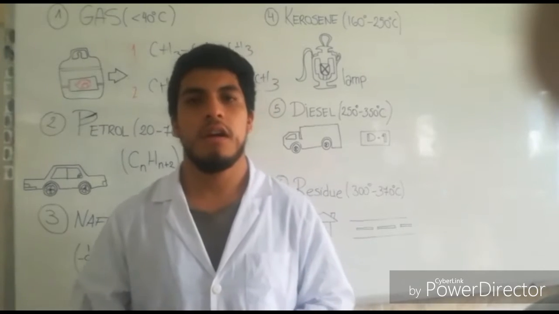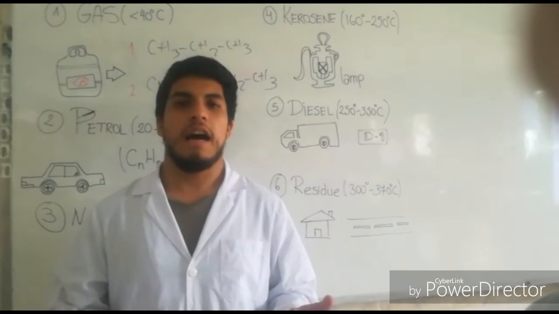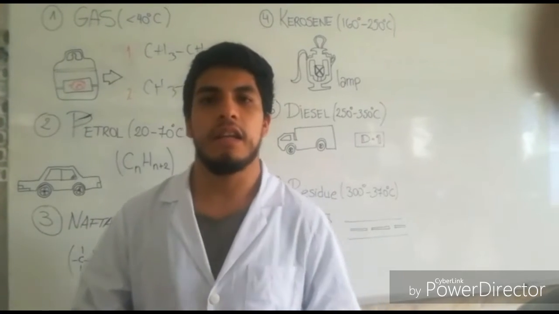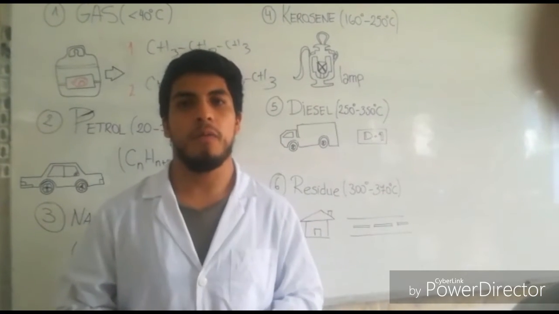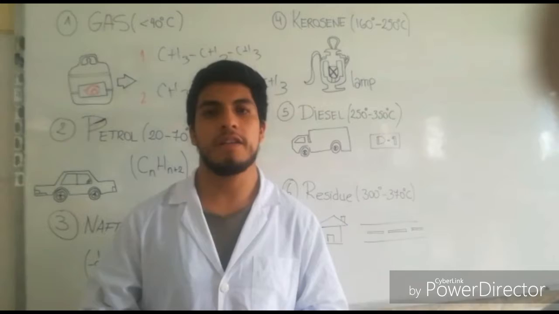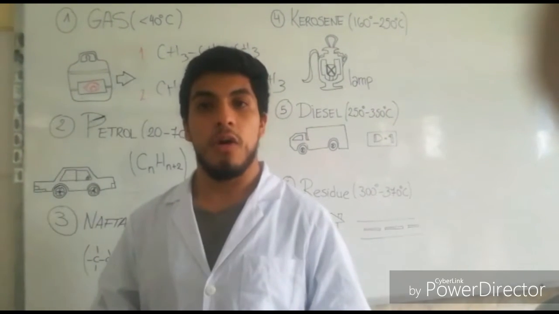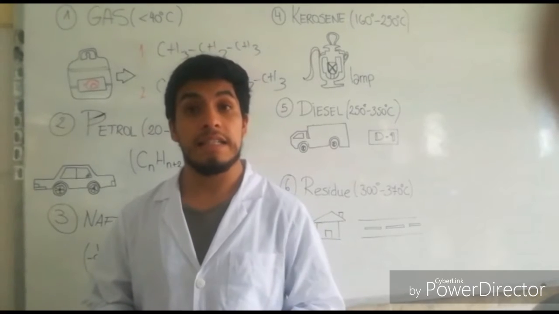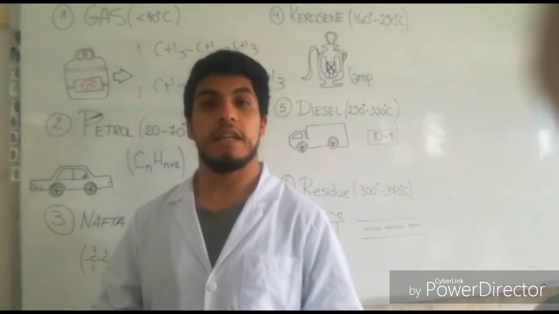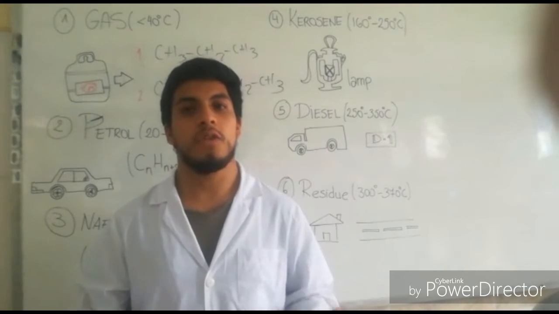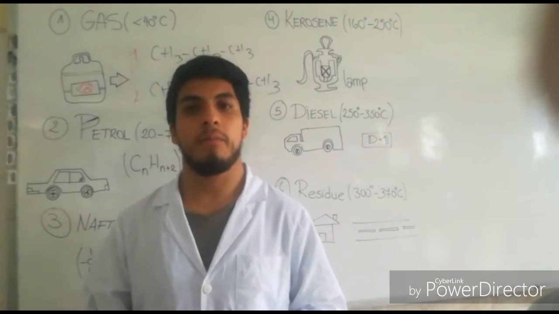This fraction has such a low boiling point that it is still a gas when it is removed from the very top of the fractionating column. So this fraction is now refinery gas, or bottled gas. Bottled gas because it can be stored in bottles under high pressure.